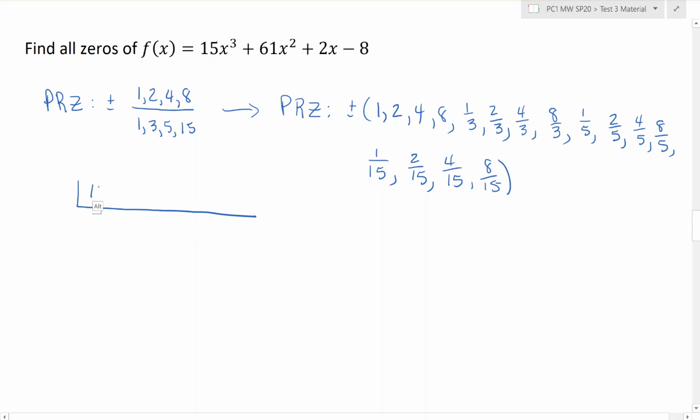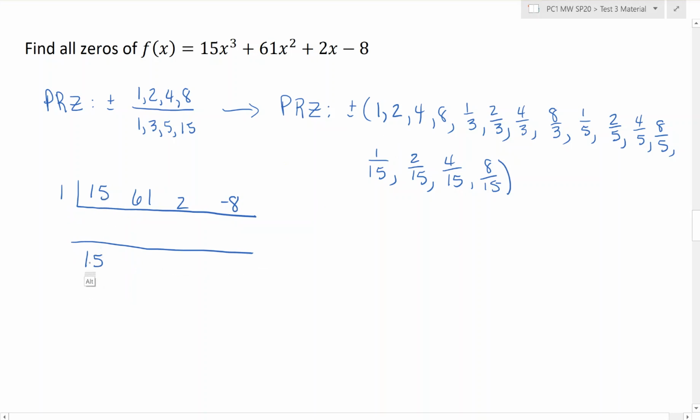So I'm going to put the synthetic division table here, and I'm going to put my first number that I want to try to see if it's a 0. Okay, and here I have 15.